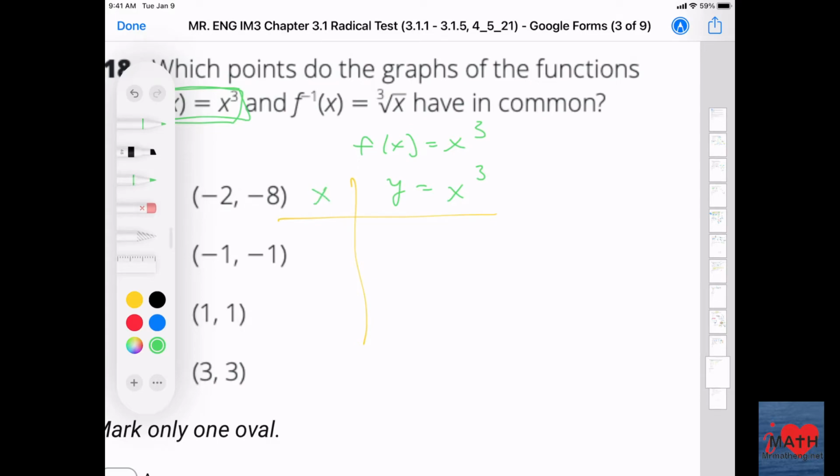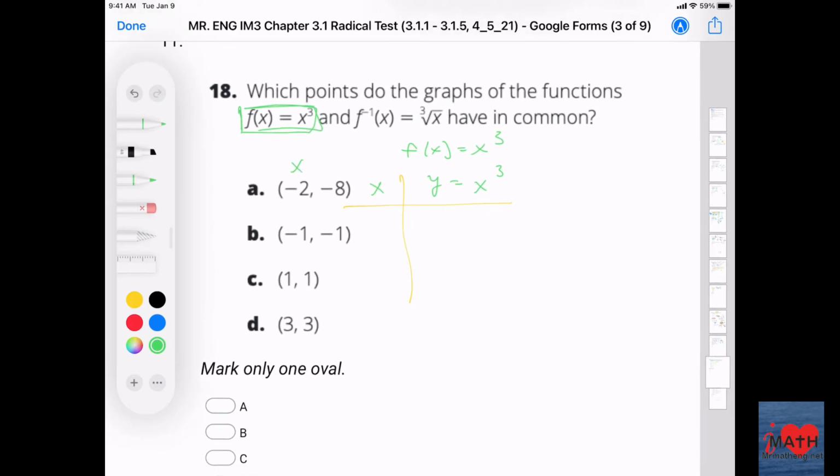If you look at all of our x values here, pick some strategic ones. So let's go ahead and do that. Let's put in -2. -2 cubed would be -8. So -2, -8. Let's try -1. -1 cubed would be -1.